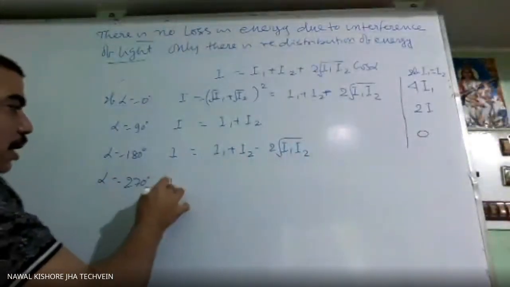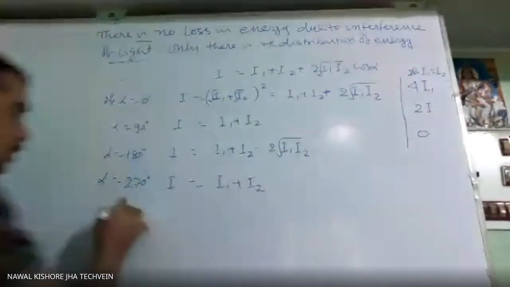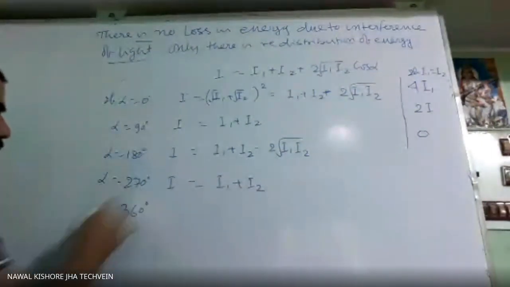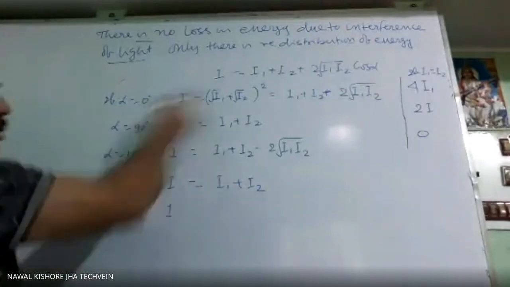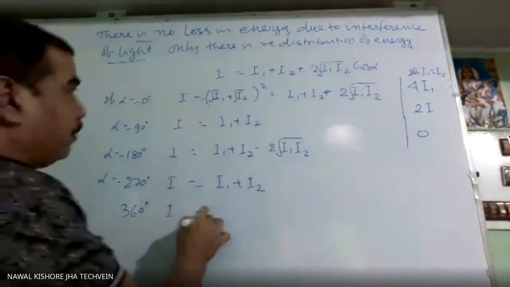270, I is again I1 plus I2. 360 or 0 to be same. So if one complete cycle, what will be?